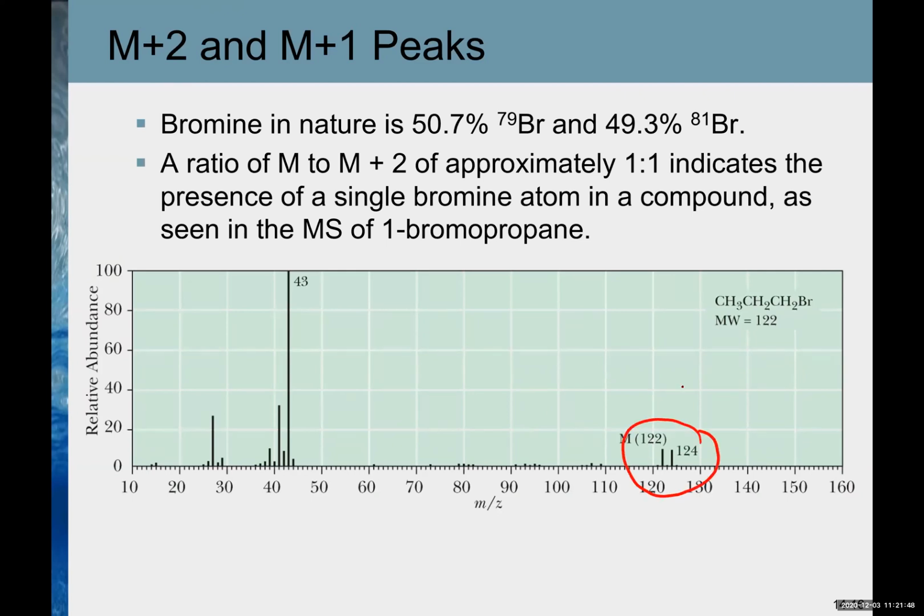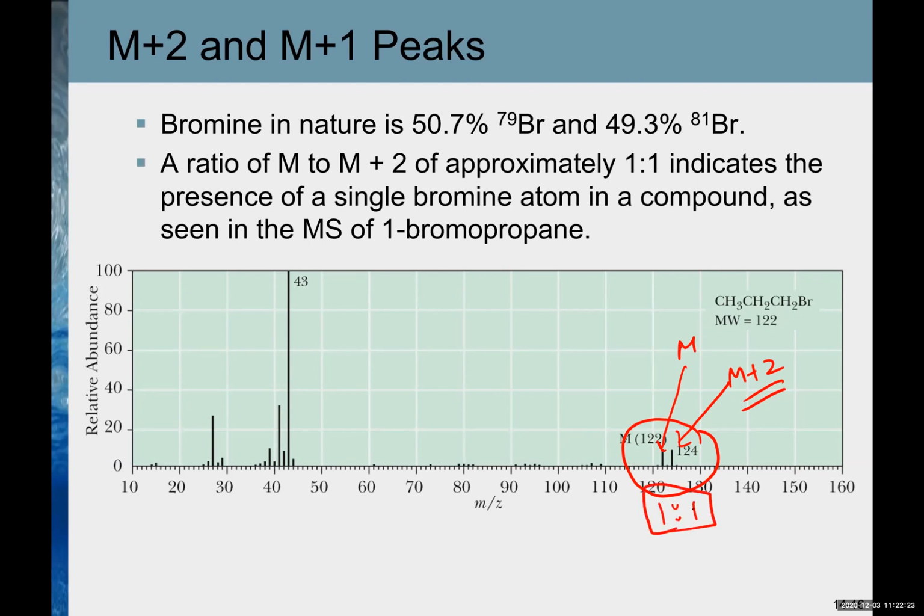Now these are the molecular ion peaks. One is the normal M peak and this one is the M plus 2 peak, right? What can we say about the ratio? Is it 1 to 3 in this case? No. The answer is no. The ratios are almost equal, so the ratio is 1 to 1.